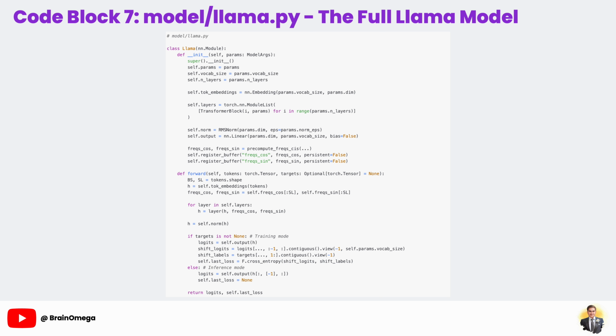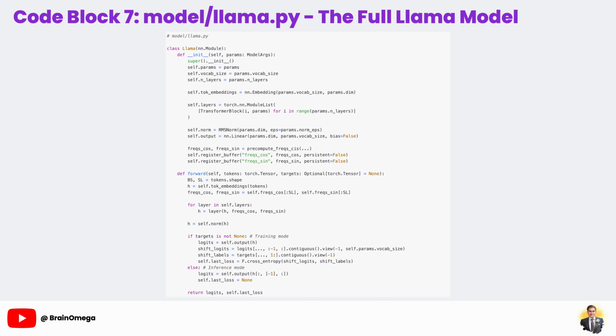If targets are provided, it means we are in training mode. We calculate the logits for the entire sequence. We then perform a crucial shift. We shift the logits one position to the left and the targets one position to the right. This aligns the prediction at time step t with the target at time step t plus 1, which is exactly the next token prediction task. We then calculate the cross-entropy loss.